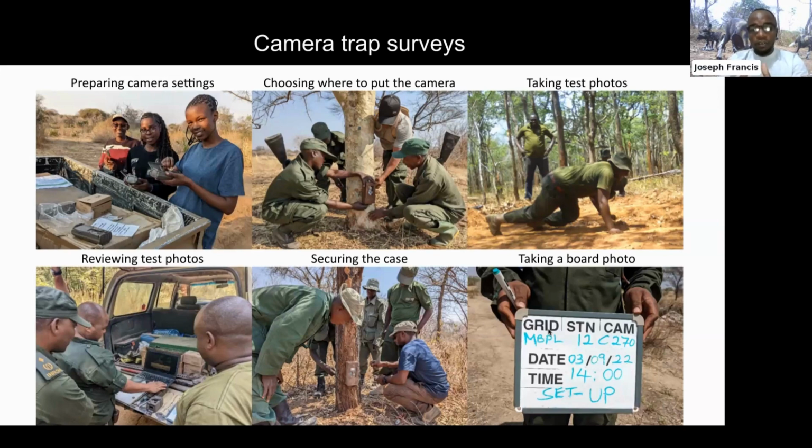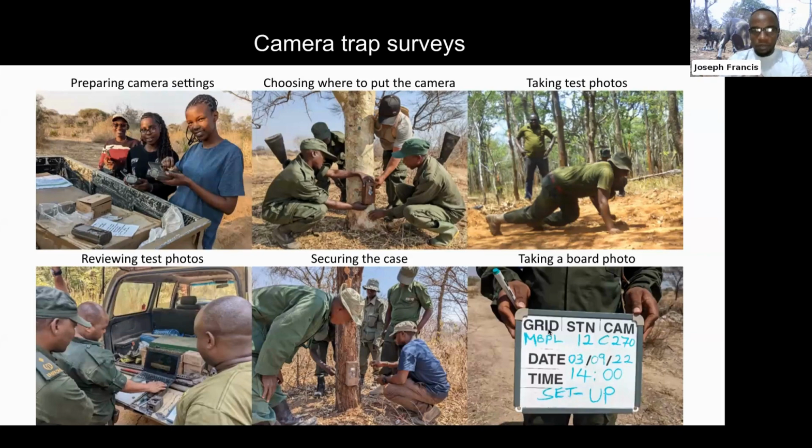In our process, we carefully choose suitable trees to mount the camera traps, considering the distance from the trail. We ensure that they are neither too close nor too far from the trail. To achieve accuracy, we conduct tests by crawling in front of the cameras, mimicking the movements of the carnivores, to preview how the photos will look before we securely fix the camera traps on the tree trunks.